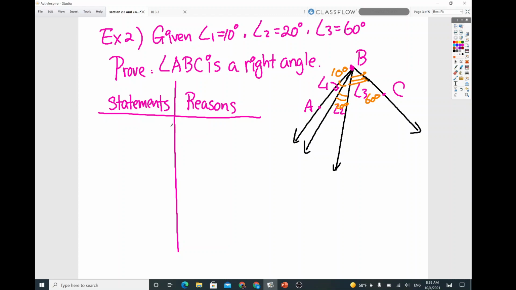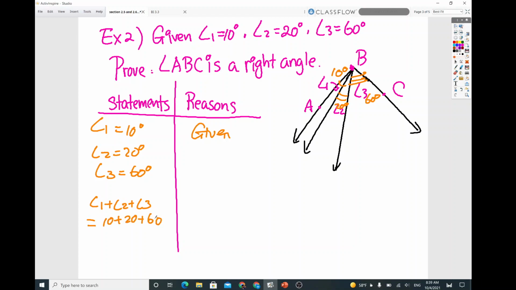We start out with the given and write all that given information. Angle 1 is 10 degrees, angle 2 equals 20 degrees, angle 3 is 60 degrees. All given. Next, combine all three angles together: angle 1 plus angle 2 plus angle 3 equals 10 plus 20 plus 60.